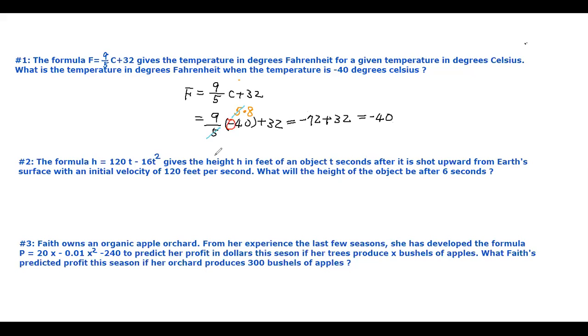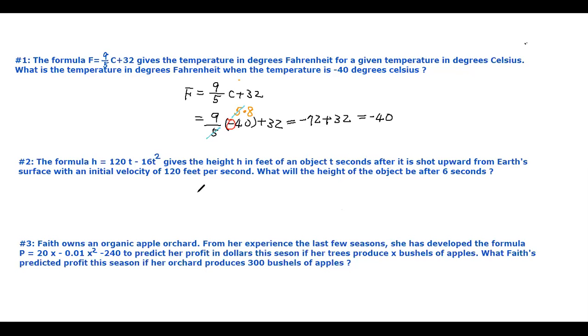Okay, now let's take a look at the second problem. I have this formula: the height is equal to 120t minus 16t squared. It gives the height in feet of an object after t seconds, if you shoot it upward from the Earth with an initial velocity of 120 feet per second. What is the height of the object after 6 seconds?